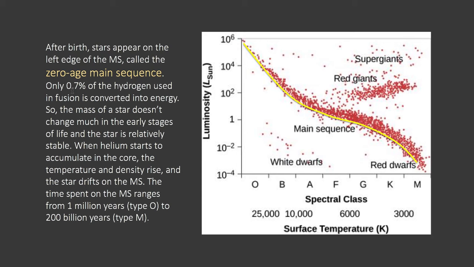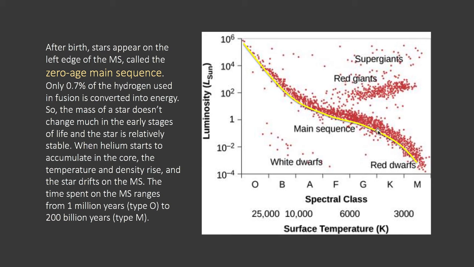In fact, it's only about 0.7%. So its mass doesn't change very much, and that means that it's not going to drift too much while it's burning hydrogen in its core. So there's some scattering that happens off of the zero-age main sequence, but it roughly stays in this same place on this main sequence part of the HR diagram.